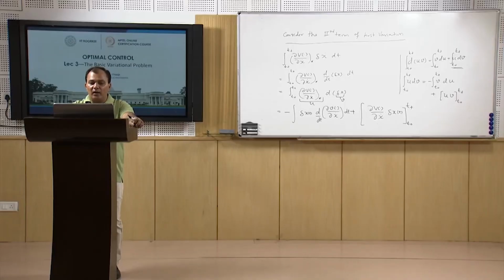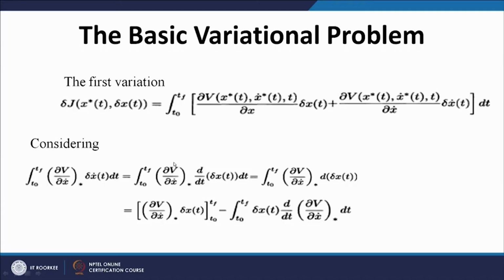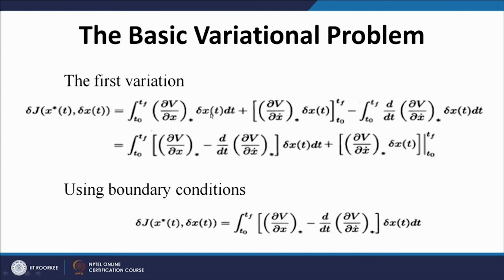Substituting it, this is del V by del x delta x, and this is d by dt of del V by del x dot delta x of t. The integral terms I club together as del V by del x minus d by dt of del V by del x dot, multiplied with delta x of t, which is a common factor, plus the boundary term del V by del x dot delta x of t.